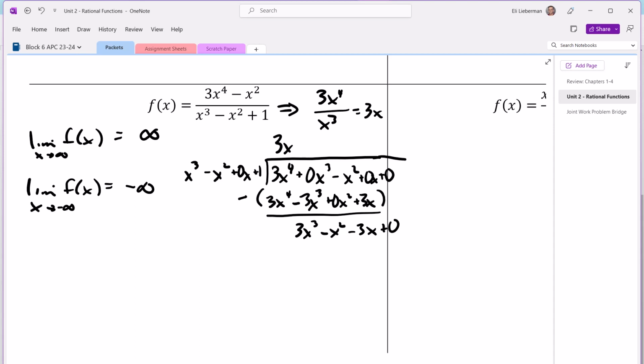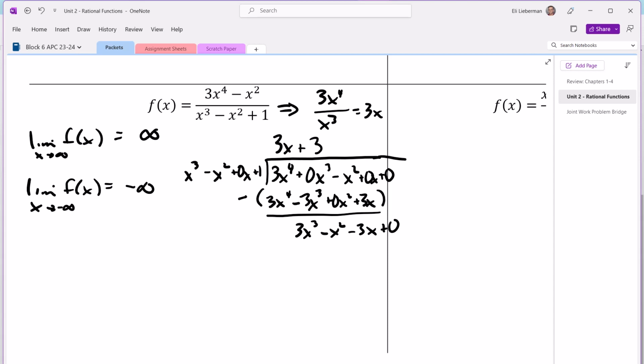Okay, next step, you ask yourself, how many times does x cubed go into 3x cubed? And the answer for that is 3. So I'm going to put plus 3 here first. Are we good with that? Yes. The question is asking x cubed times what equals 3x cubed.